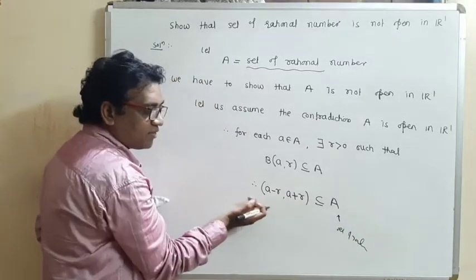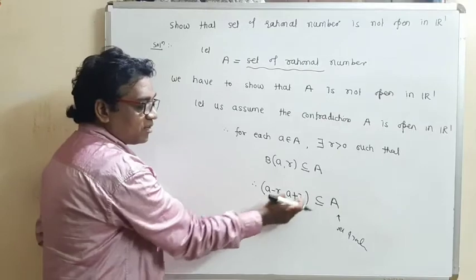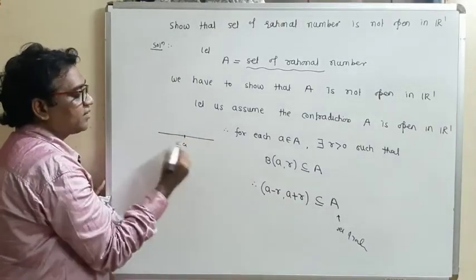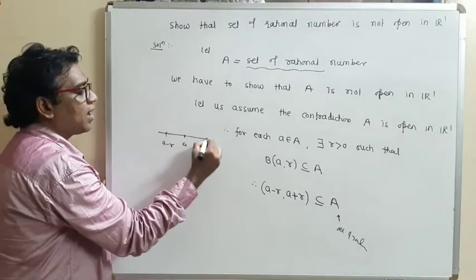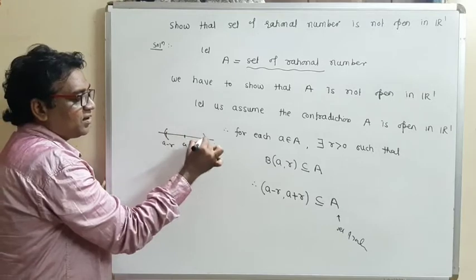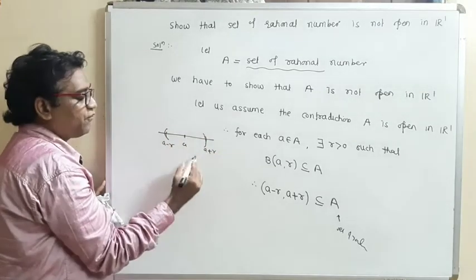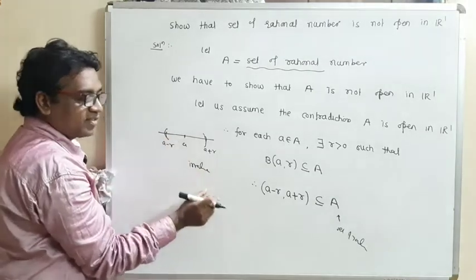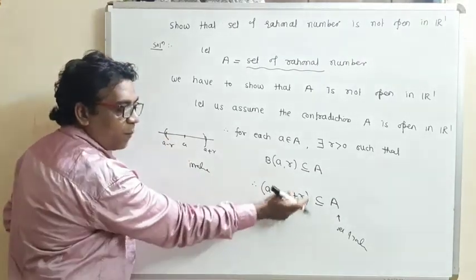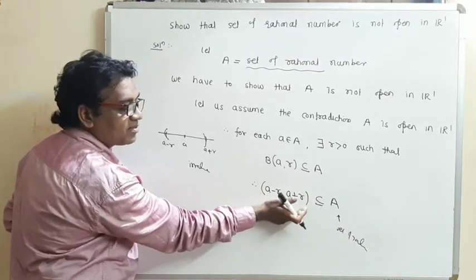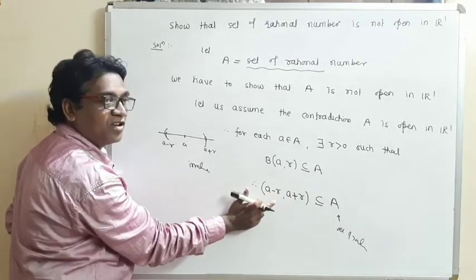And what is this left side portion? Suppose this is a, and this is the interval from a minus r to the right portion a plus r. Now obviously this open interval contains infinitely many irrational numbers.